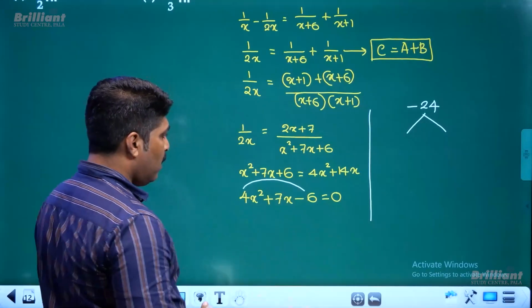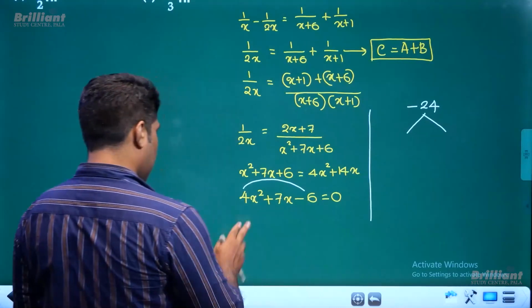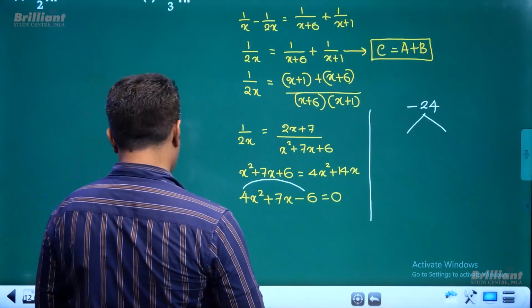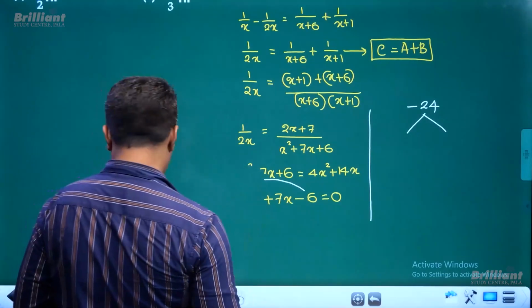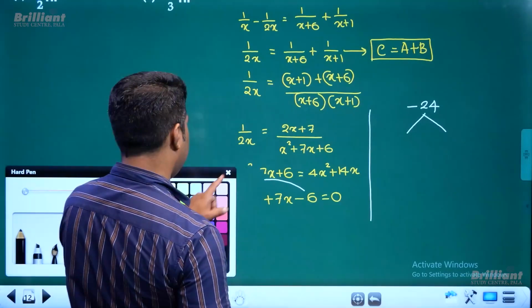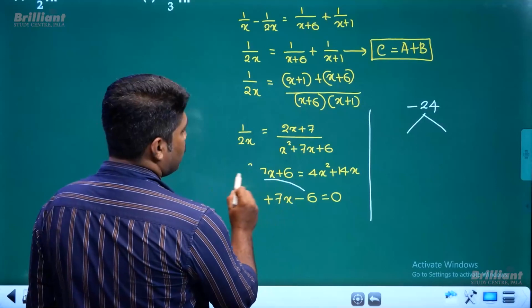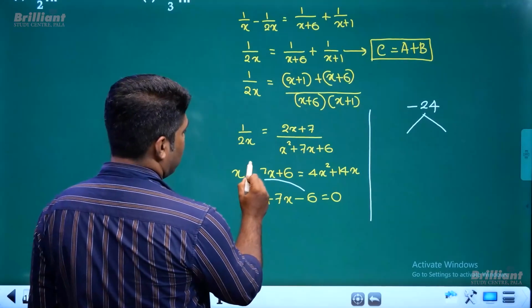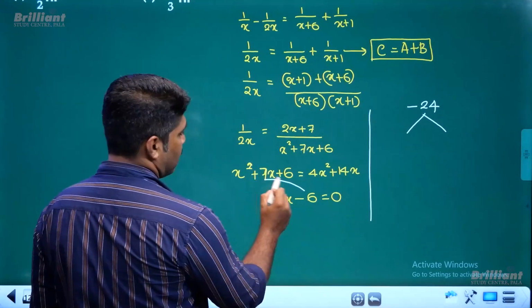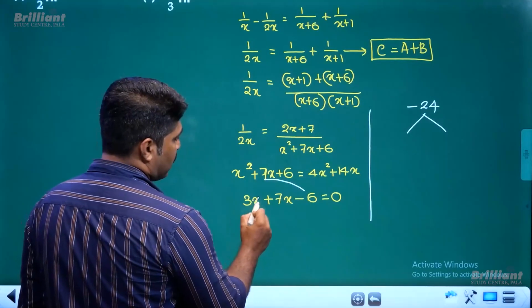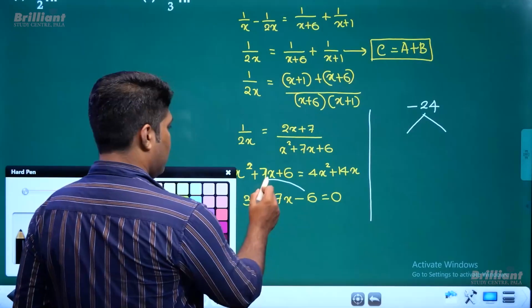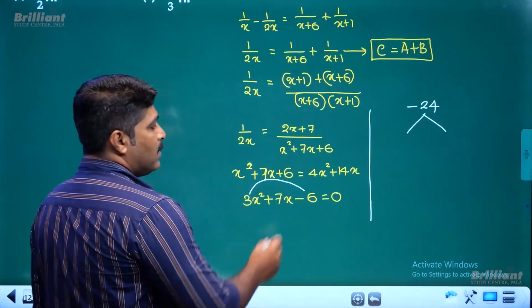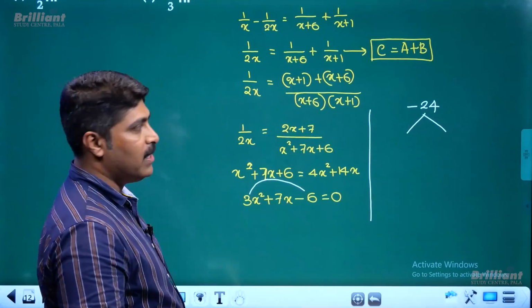So here one more important step is required. Instead of this 4x square, what you have to write? This is equal to 3x square, so that part also we have to write. This is x square plus 7x, so this is 3x square. Then you have to apply the result. In such a situation, this is 3 into 6, that's equal to 18.